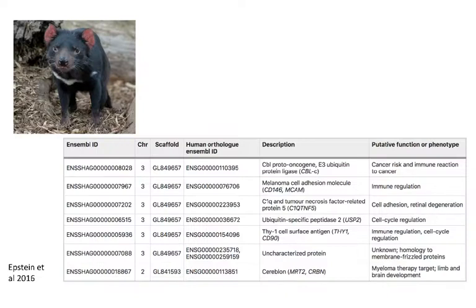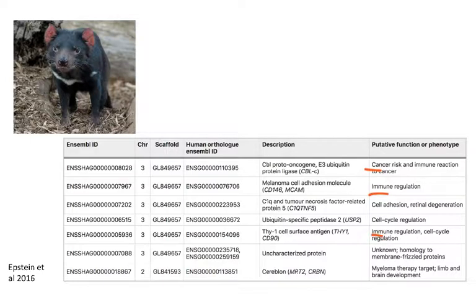An example of that is in the Tasmanian devil, which recently has been suffering from a fatal cancer, and in the past 2 decades it's declined more than 80%, something really dramatic like that. But because this provides such a strong selection pressure, they've found in a couple of different populations different genetic regions that are under positive selection and are related to functions that make sense, like cancer risk and immune regulation.